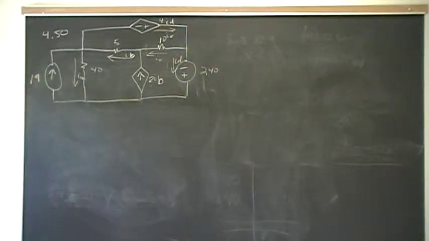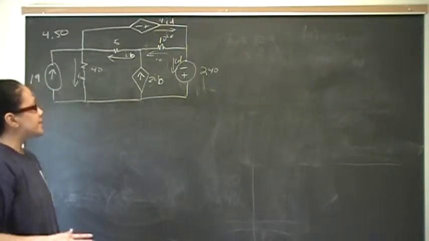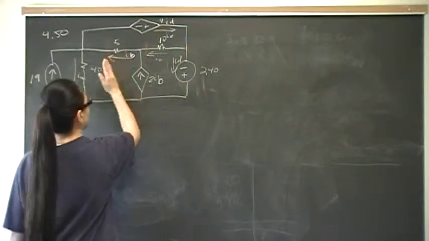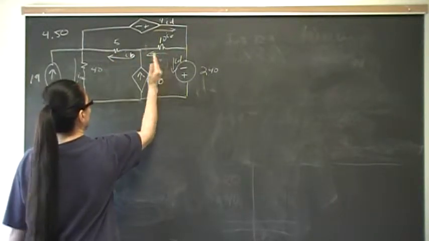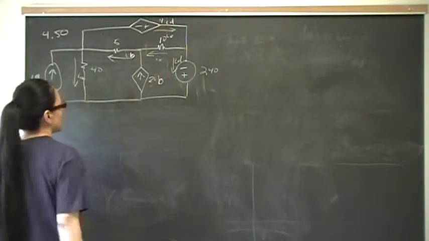Okay, so we're going to demonstrate how, and that's called a super mesh. So that's the only time when you have a non-essential circuit element where KVL will hold: when the border of two essential meshes is a current source, it will cancel out.